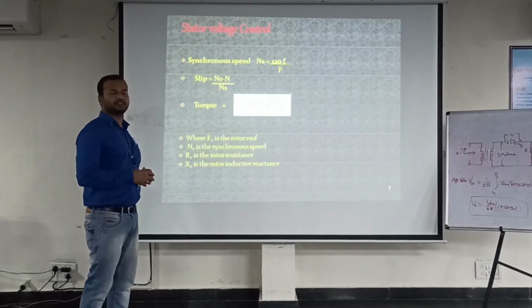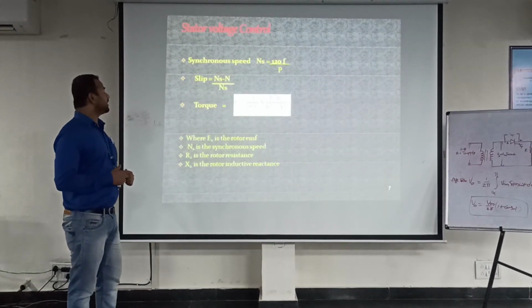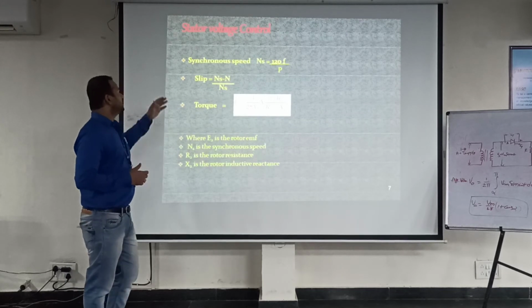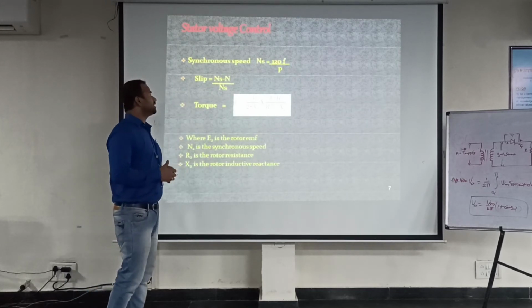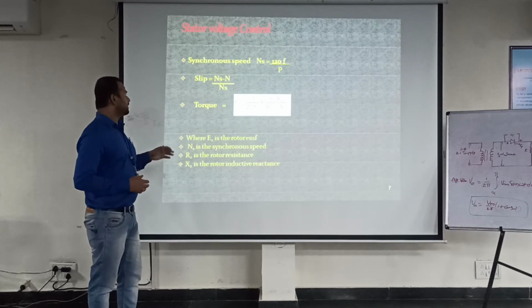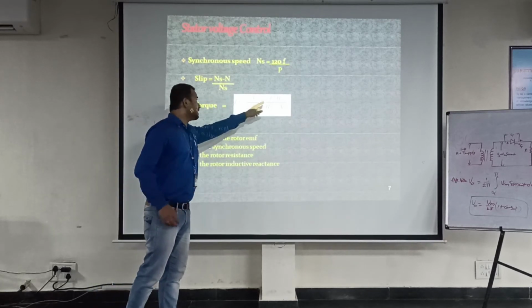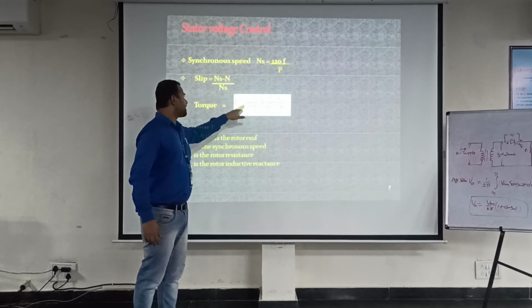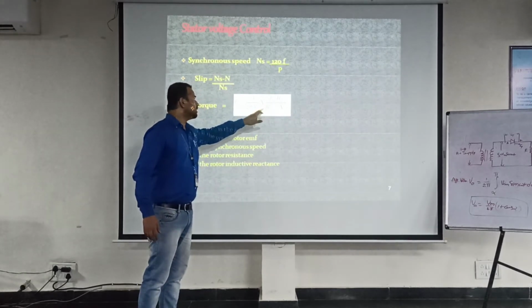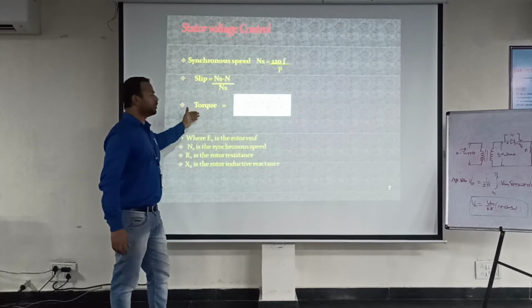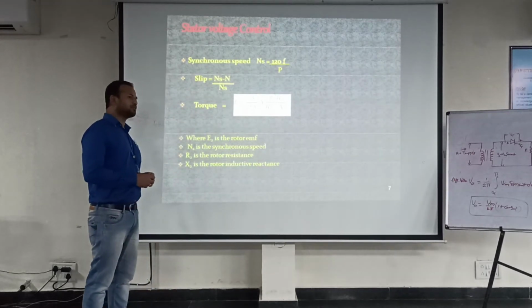The first one is stator voltage control. As you know, the relationship between speed and frequency is Ns = 120f/P, and torque is related to voltage: torque is directly proportional to the voltage square, E2 square. So by controlling the voltage we control the torque, and the speed of the induction motor is controlled.